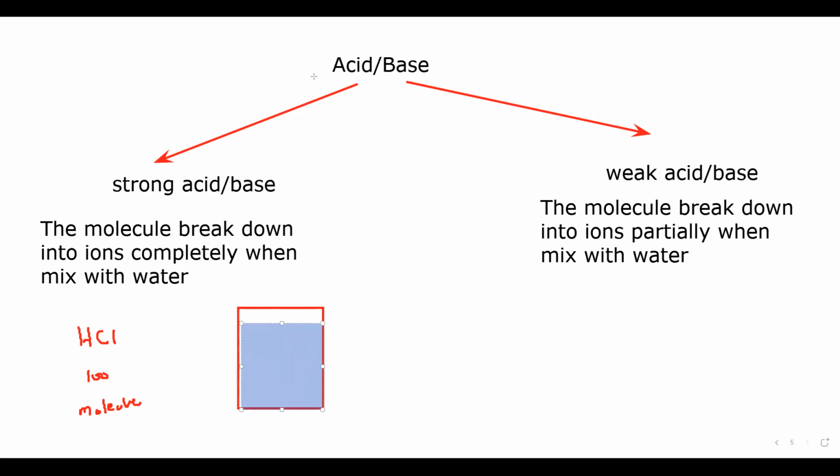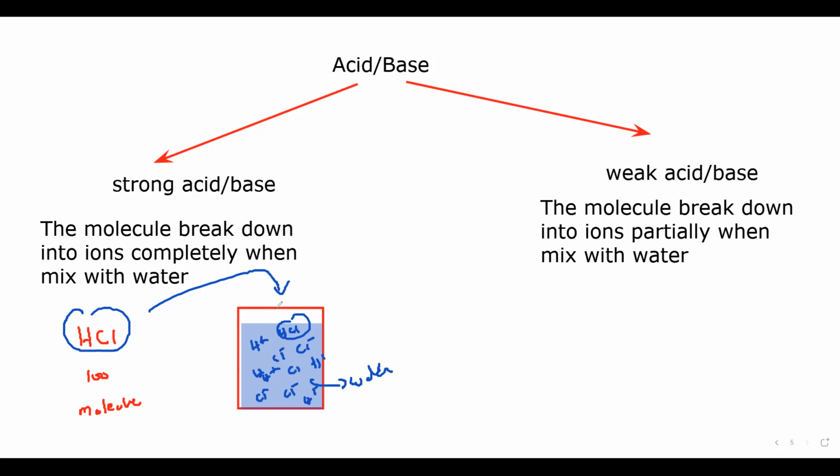Then we add these 100 molecules of HCl to this water. What we find is that the majority of the molecules break down into H plus and Cl minus ions. And very few, maybe one molecule, does not dissociate, but most of the molecules dissociate into H plus and Cl minus.